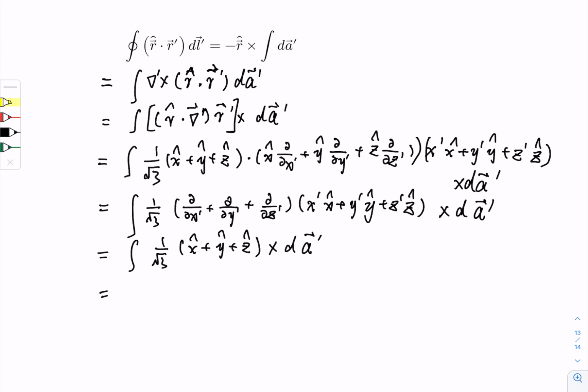So that is indeed the r cross dA, which is, sorry, I think I missed the minus sign from the very beginning.